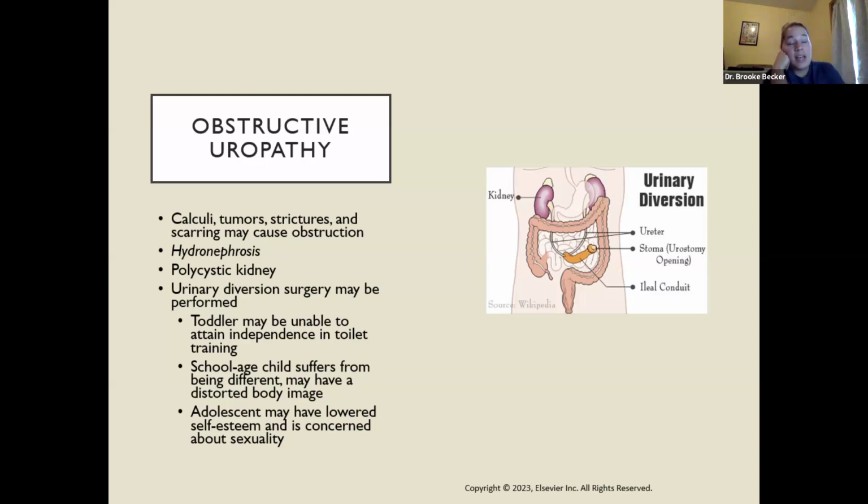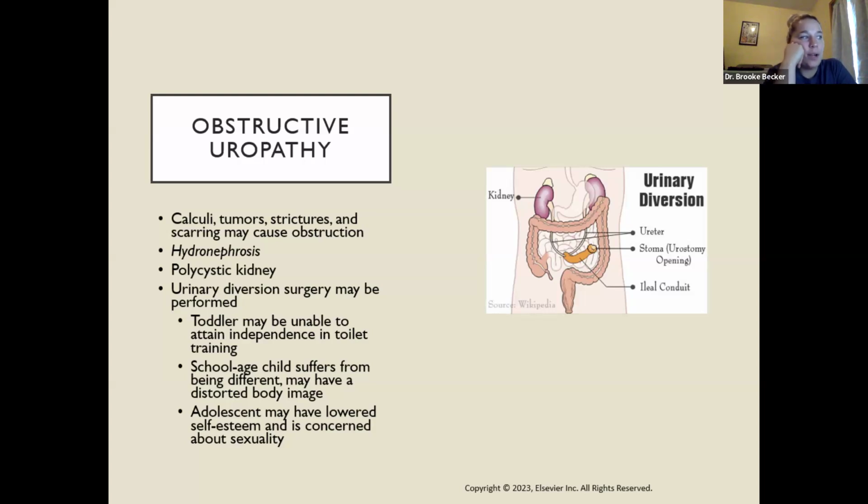So if kids have tumors or they have narrowing, so strictures, or they have a kidney stone that they're unable to pass, then they're going to need to go in and correct that obstruction. Hopefully, in that sense, the hydronephrosis doesn't happen, okay?